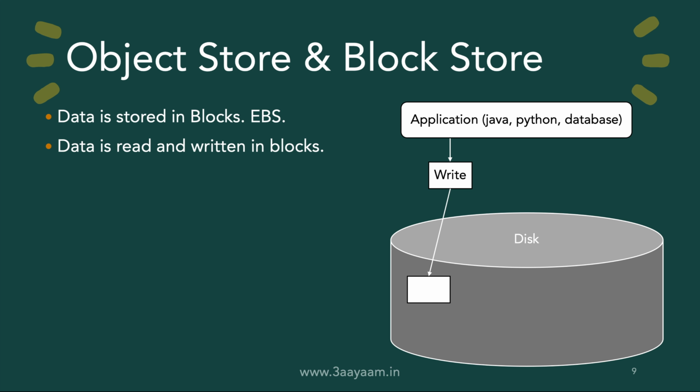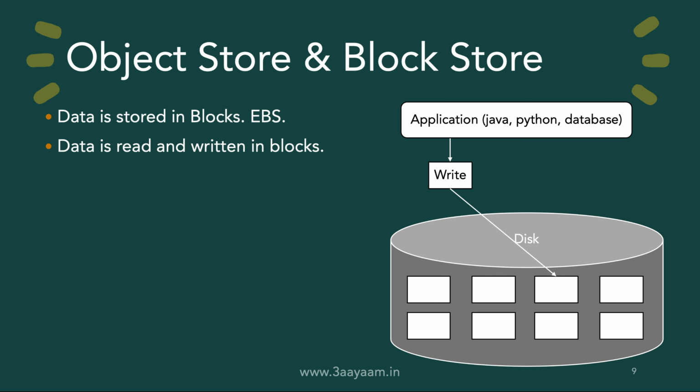Now again, if the database or the application keeps on writing, then it will be written to the second block, third block, and so on and so forth. While reading also, when you want to read a single record, we'll be reading the entire block. Taking the same example wherein a single record size is 1 KB, let's say I want to read a single record of a customer, and we know that there are 4 records in a particular block.